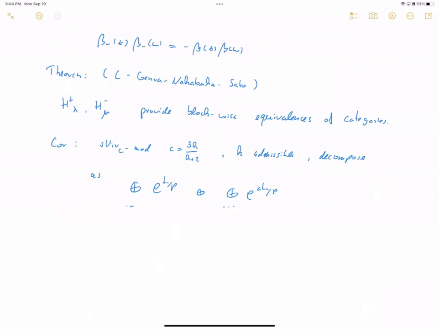Now you can see where I want to go, right? What I want to do is establish a tensor category on the super Virasoro side, and then claim that the duality is good enough that you also get it on SL2.